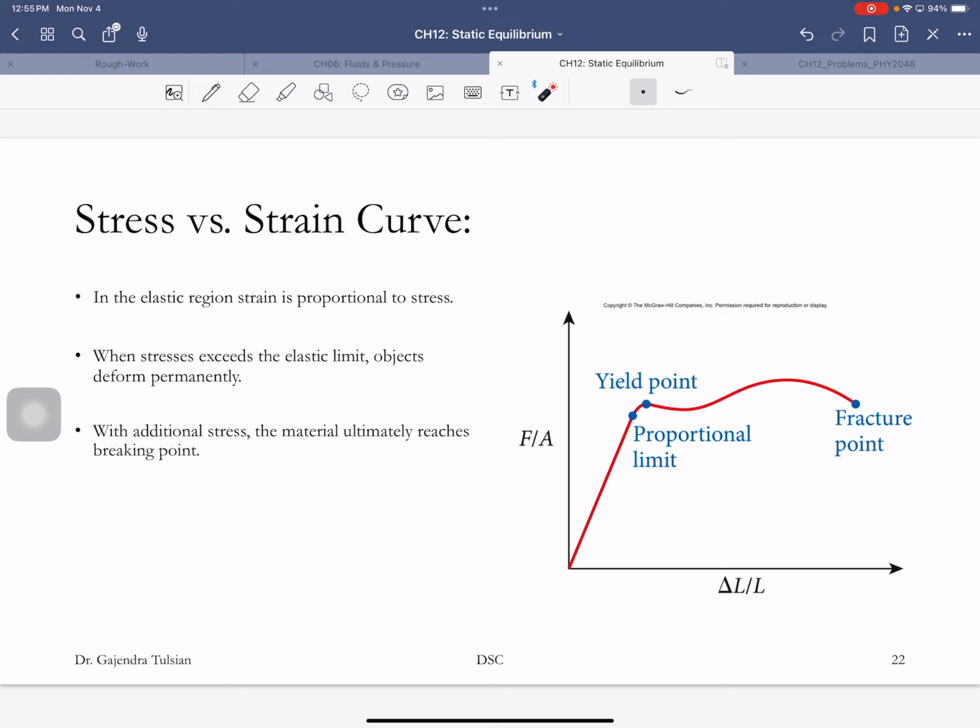If you're anywhere near there, then the wires will deform permanently, and you don't want that. Depending on how much money you've got to build the bridge, the lower you are, the better. The lower you are, the more the bridge costs you, or the thicker the wires have to be. But anyway, that's what you want to do.